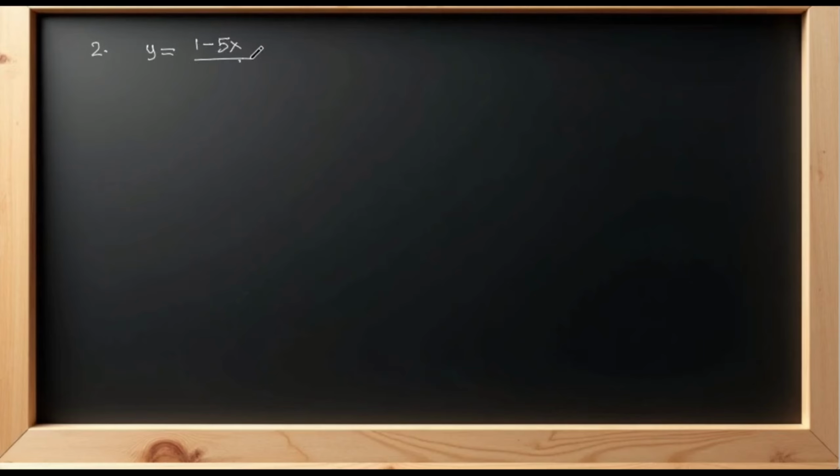Our last number is given by y equals to, in bracket, 6x plus 5 raised to power 2, and we are dividing it by 2x minus 3 raised to power 3.